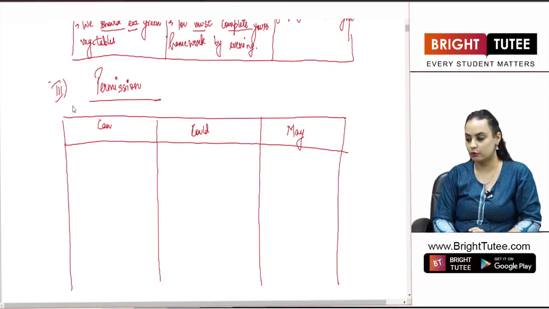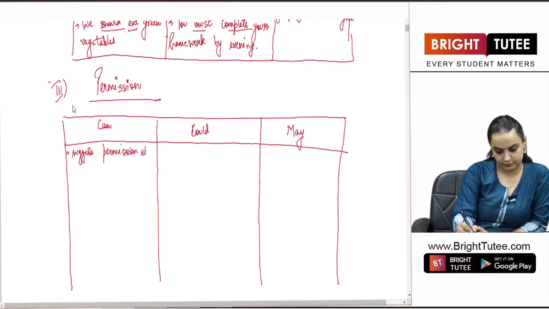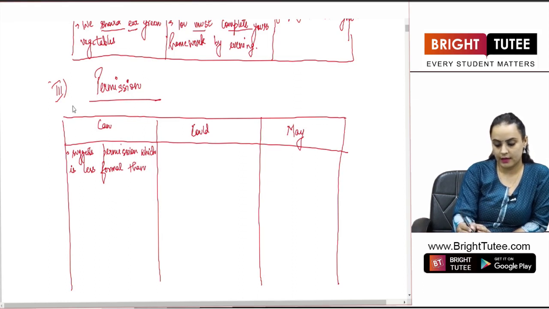Let us talk about can first. Can suggests a permission which is less formal than may.